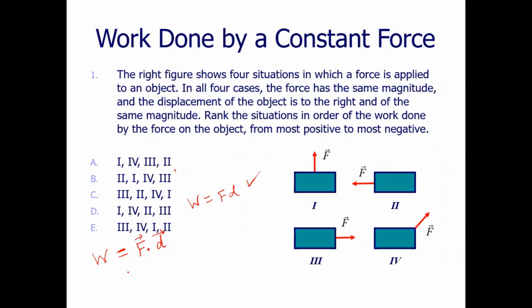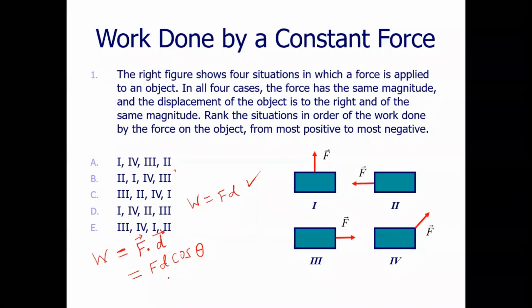Now, from your mathematics, you know that the dot product is the magnitude of the force times the magnitude of the displacement times the cosine of the angle between them. Are you all okay with this formula? Yes, sir. Okay. So now let us analyze the situation.